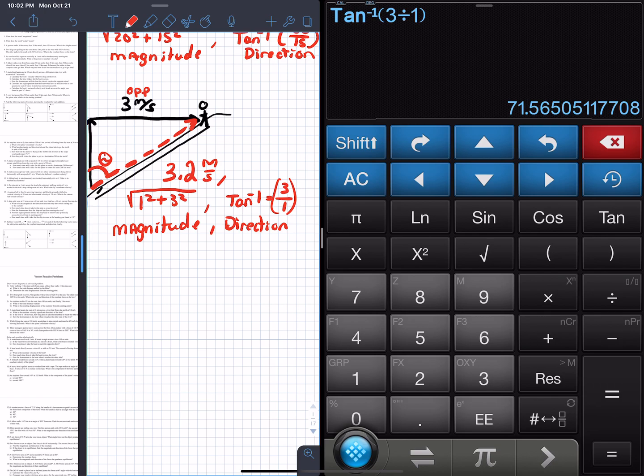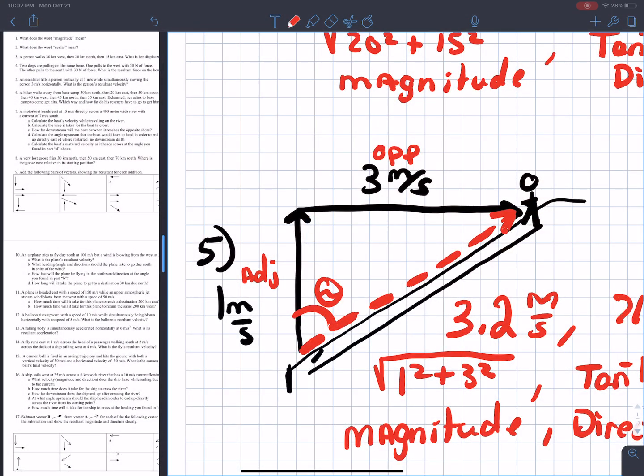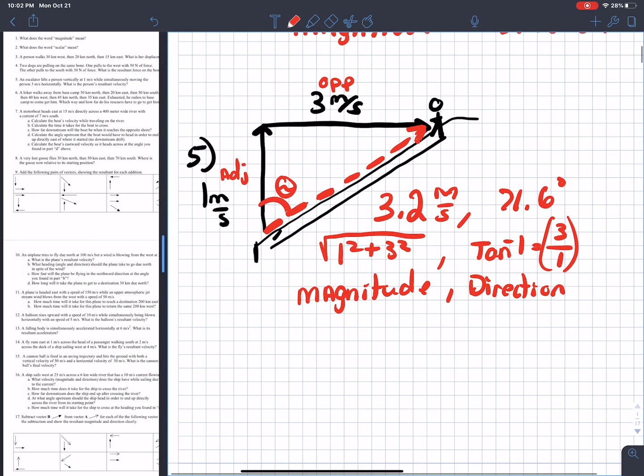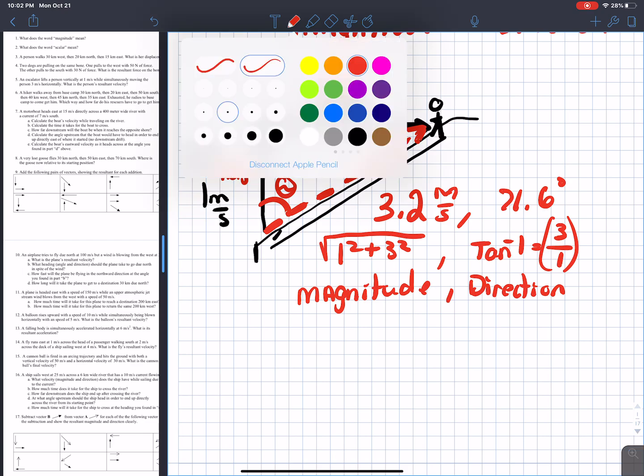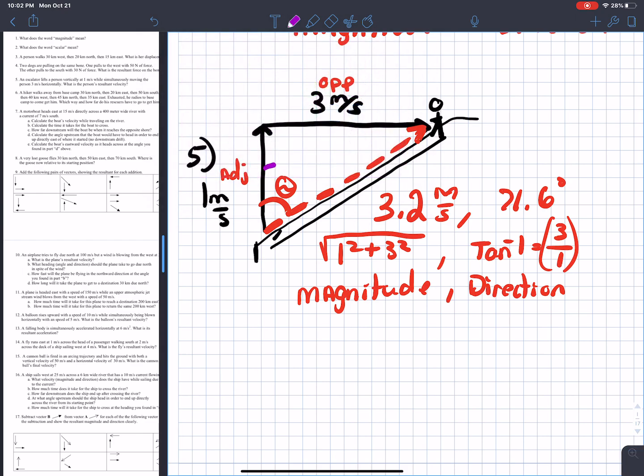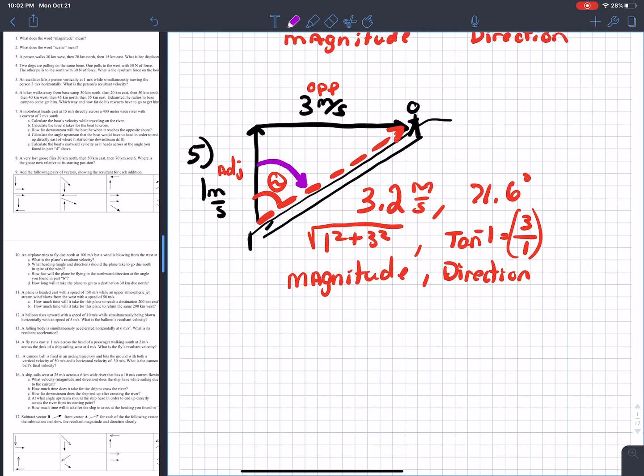And you have a 71.6 degree angle associated with this. Now, since this one was being described from vertical right here, what we would say is that would be 71.6 degrees off vertical, like that. Okay?